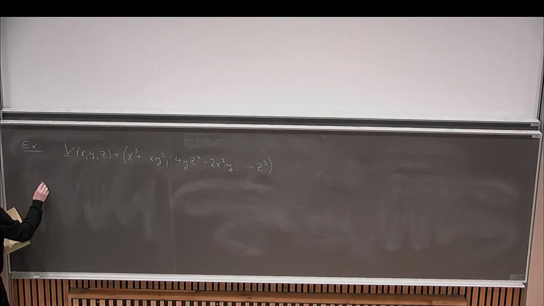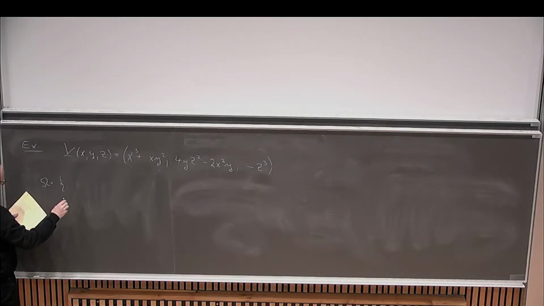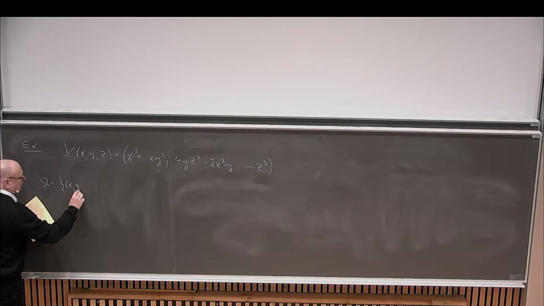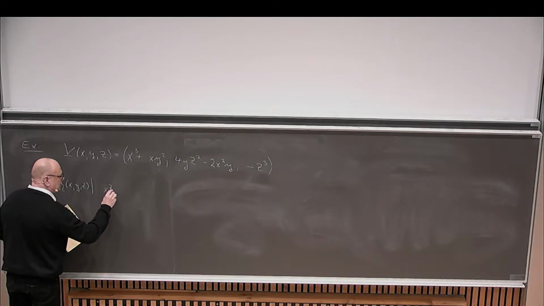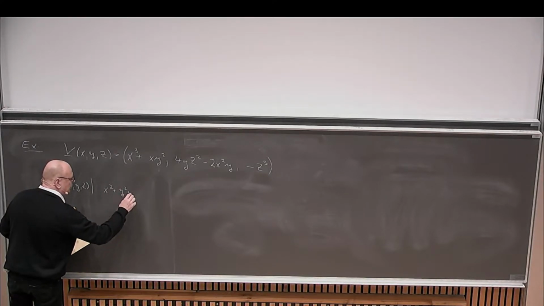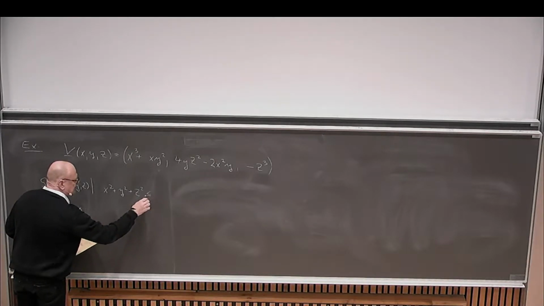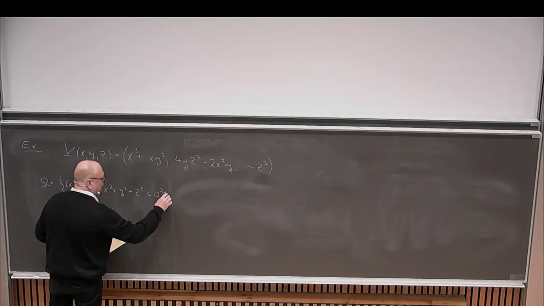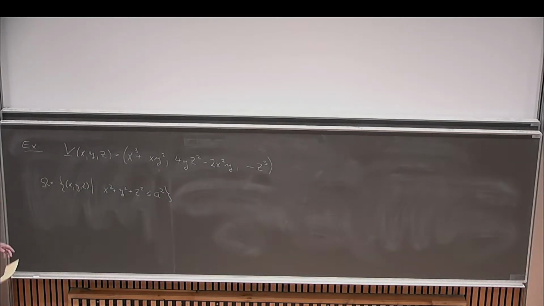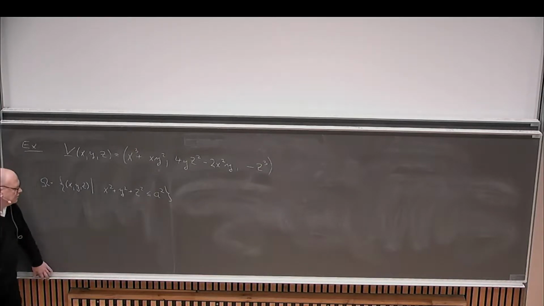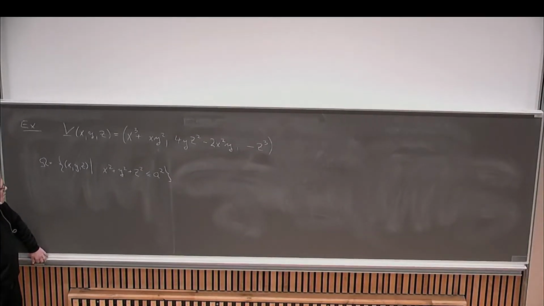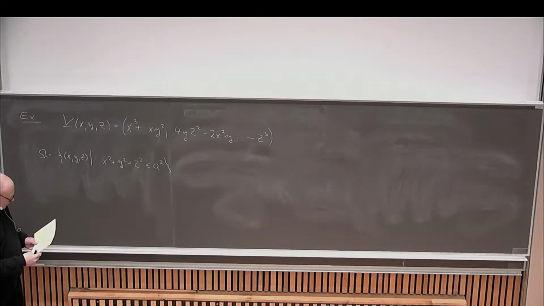Let's take our solid, and it is described by this set of points here. X squared plus y squared plus z squared is less than or equal to a squared. So it's a sphere of radius a. This solid here.